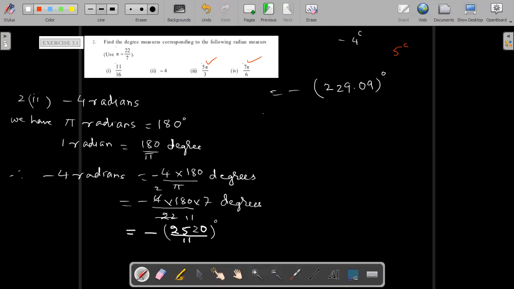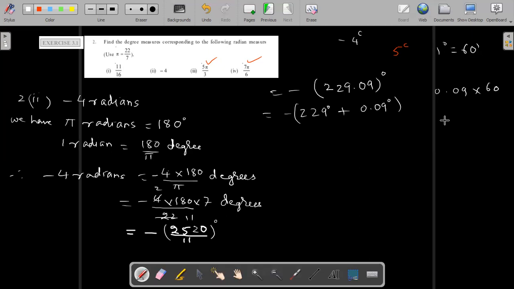Okay, no issue. So now we have to convert. The 229 degrees is as it is, plus 0.09 degree. This 0.09 degree, first multiply with 60, because 1 degree is equal to 60 minutes.